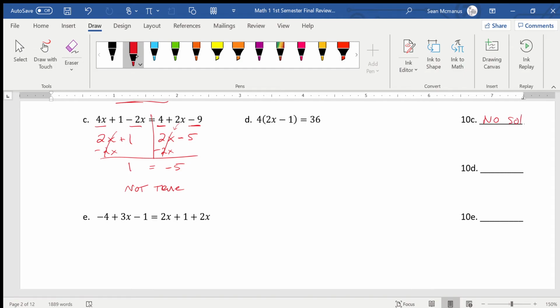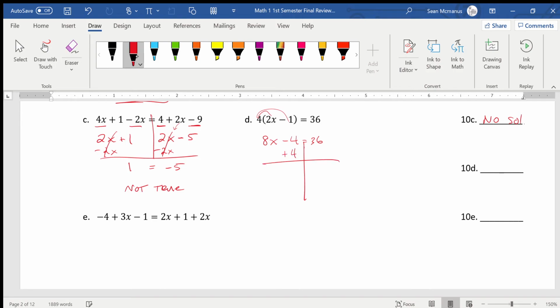D, same thing. Let's figure this out. Distribute over here. 8x minus 4 equals 36. Pretty much if the x is on one side, then for the problems we're seeing, there's almost always going to be a solution, unless it's like in the bottom of a fraction or something.